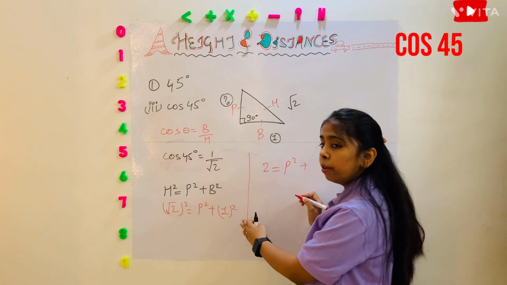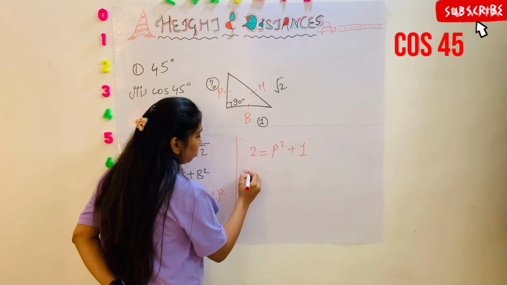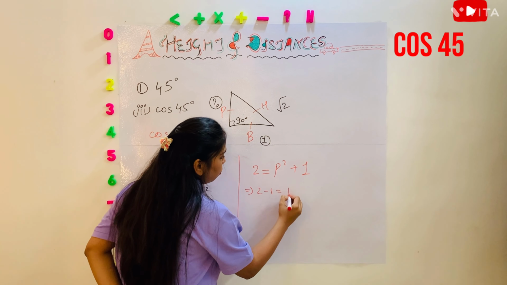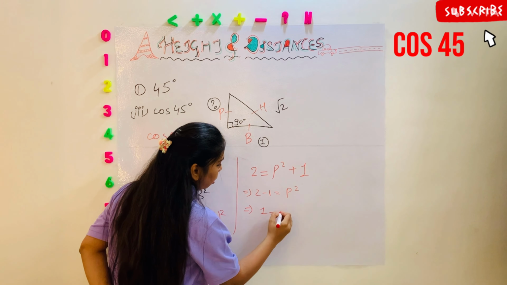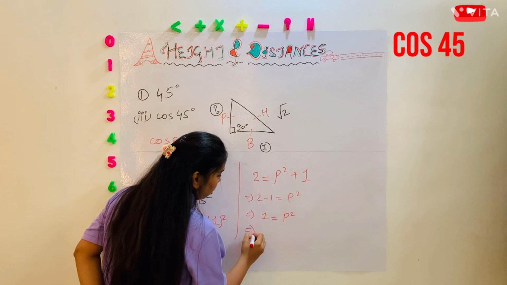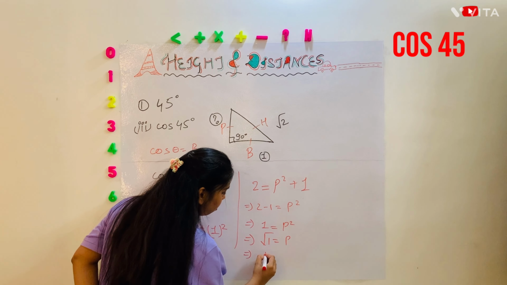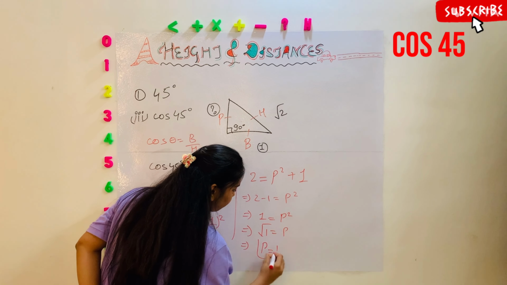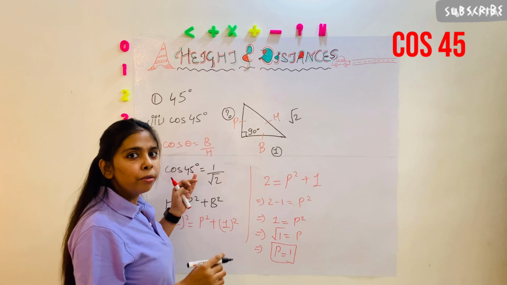And the square of 1 will give 1. And 2 minus 1 is equals to perpendicular square, and here is 1. So perpendicular is equals to under root 1, and the value of perpendicular is equals to 1. Okay. So here the value of perpendicular is equals to 1.